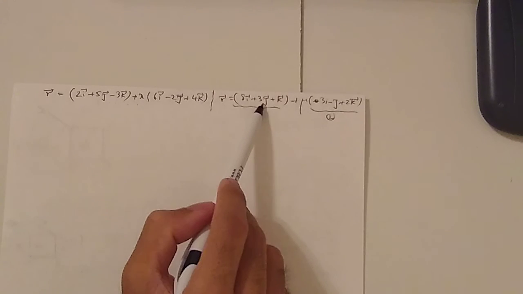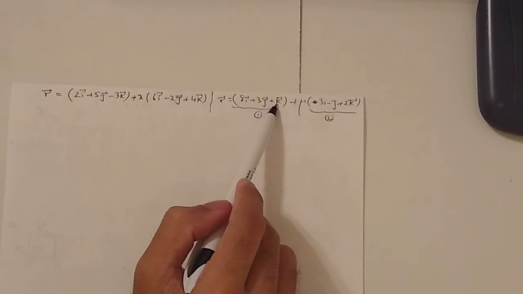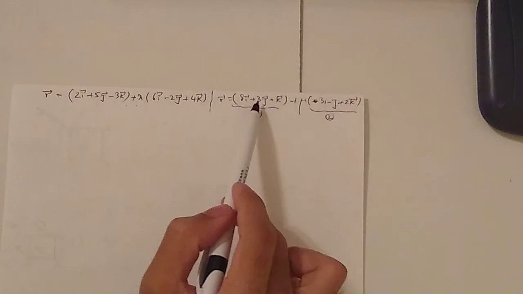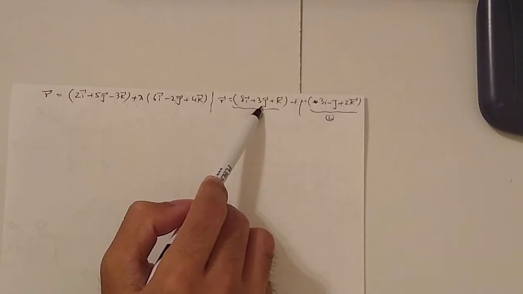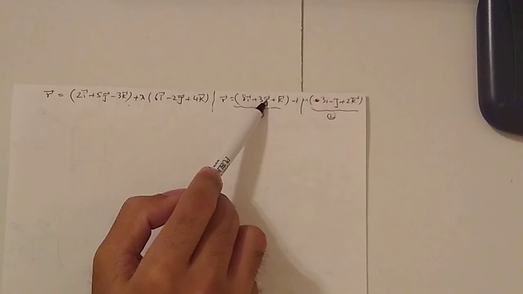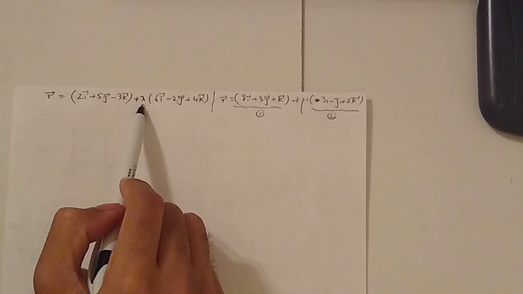We know, in other words, 8i plus 3j plus k is the position vector of one of the points on the line. So since this point, 8, 3, 1, lies on the line, it definitely should be equal to this equation for some value of lambda.